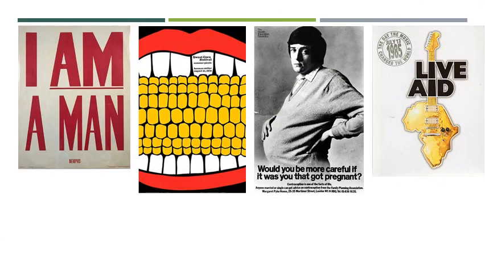All right. So our next grouping of posters, we have I Am a Man. This is a poster from the April 1968 Memphis workers' strike. They were fighting for their right to unionize following the death of two African American sanitation workers.